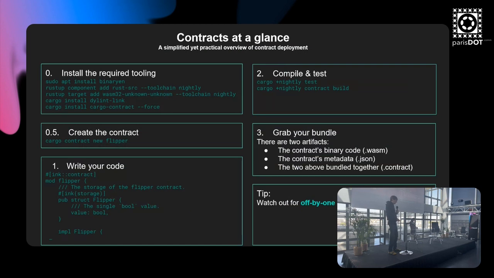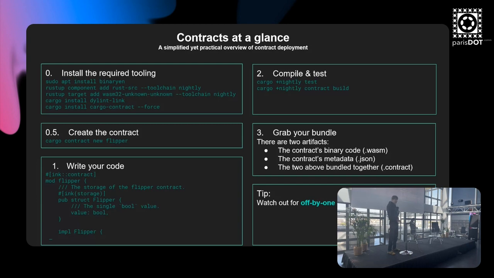Okay, so what's the pipeline here as a developer? First of all, you need to install a tool called Cargo Contract, and this tool allows you to essentially do everything that you would like to do. It allows you to create a new contract, which generates some kind of template.